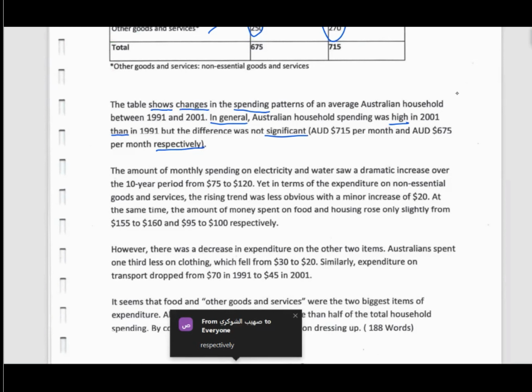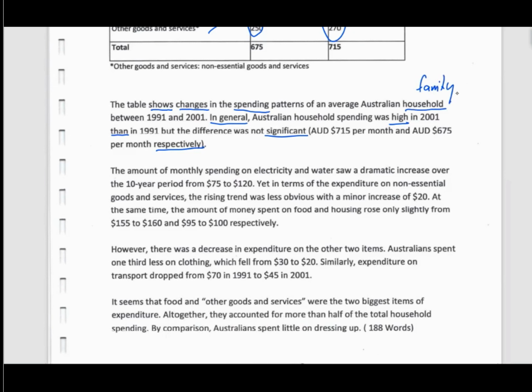The word household here means family. Household means family, so it's a synonym.